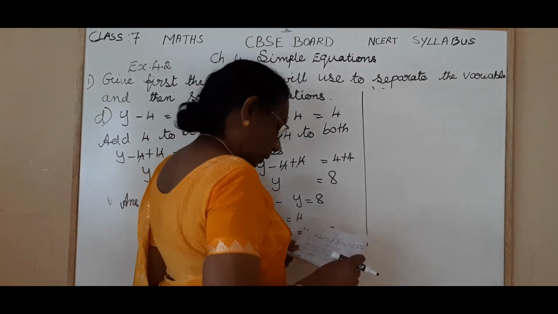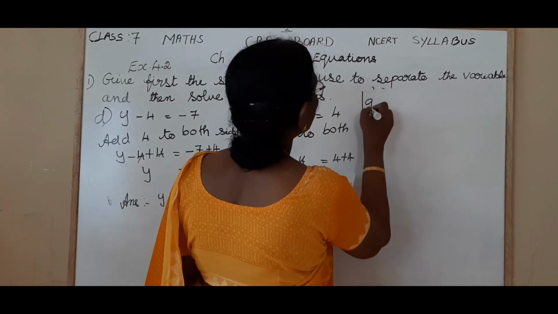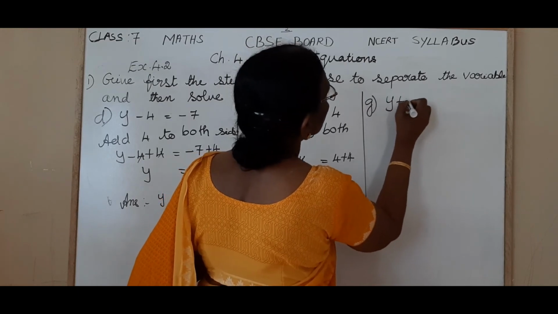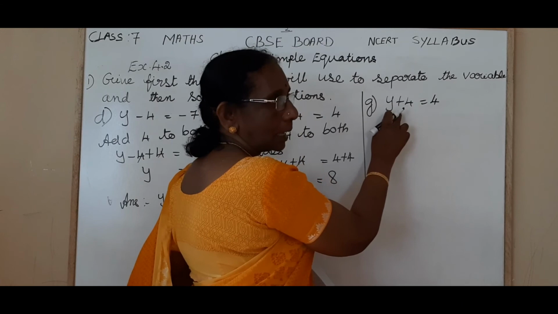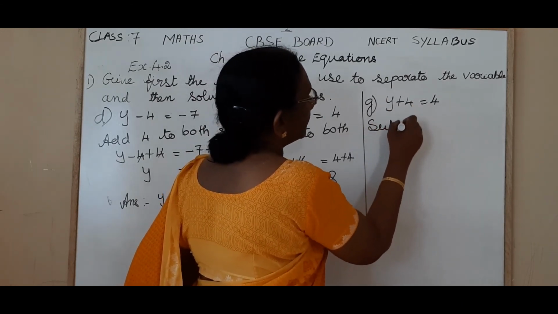Okay. Now, next question. Y plus 4 is equal to 4. Now here plus. So addition, so you have to subtract. The first step is what?